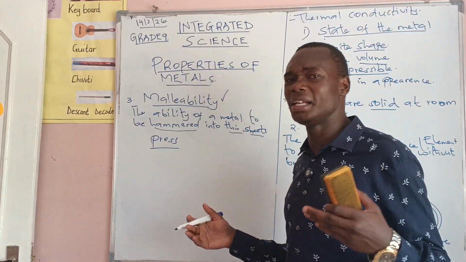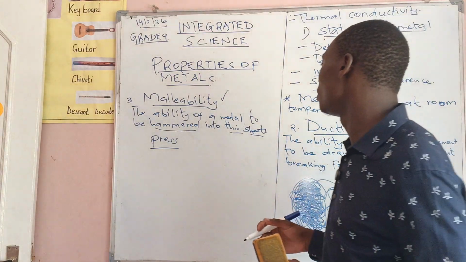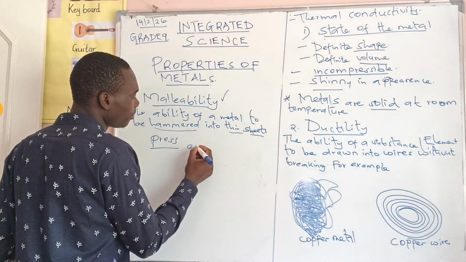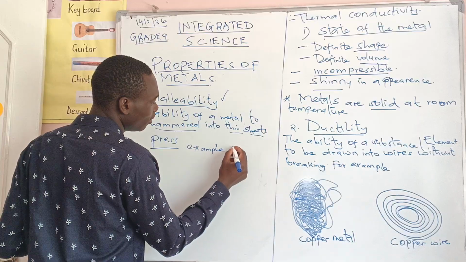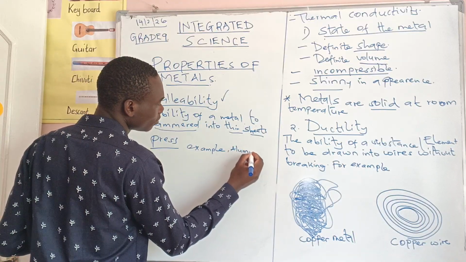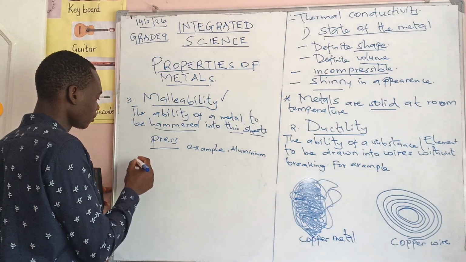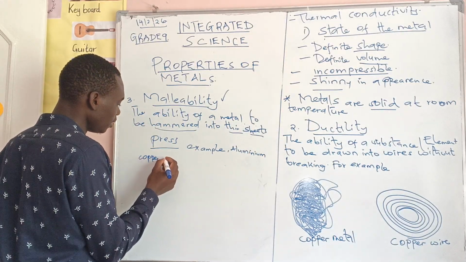So metals have that ability of being hammered, of being pressed into thin sheets. That is what we call malleability. Examples of such metals are aluminium, copper, etc.